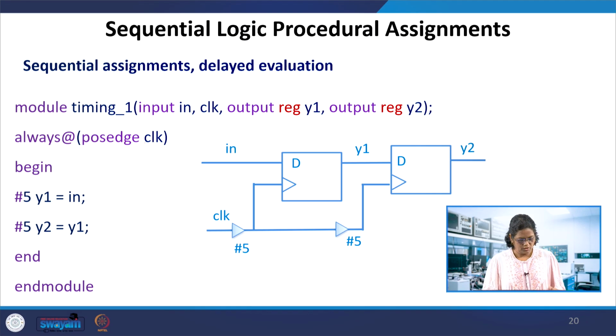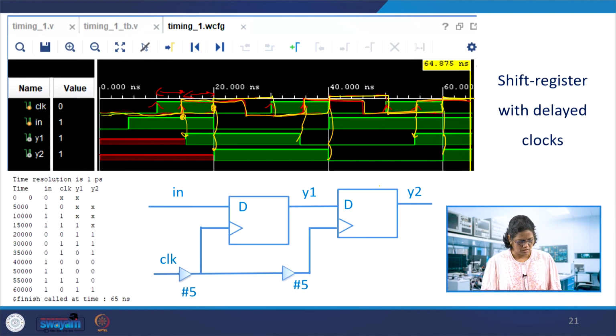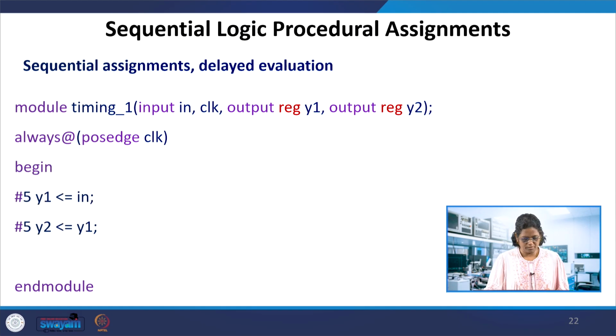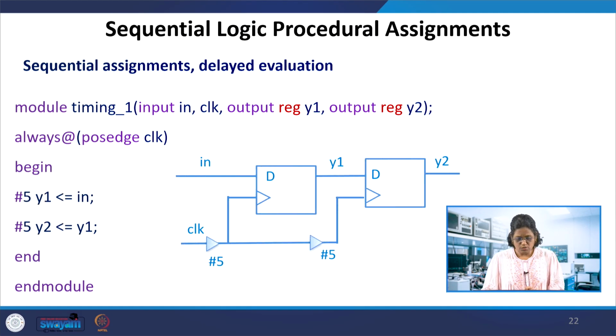So the assigned value, the sampling itself, is getting delayed for the input, because we could assume that this is the clock which is getting delayed for 5 time units and then 5 time units. Similarly, the case of delayed evaluation with non-blocking also exhibits a similar kind of assignment. So the clock itself is getting delayed for 5 time units.